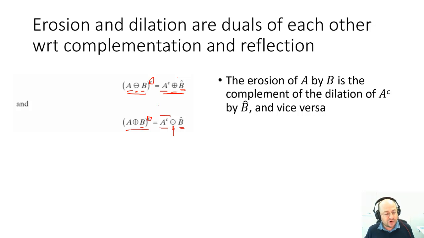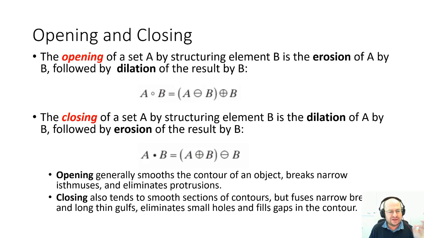Mathematical morphology and morphological operators are very elegant ways of manipulating images. These are the two most important and most used operations defined on combinations of erosion and dilation. One of them is opening and the other one is closing.